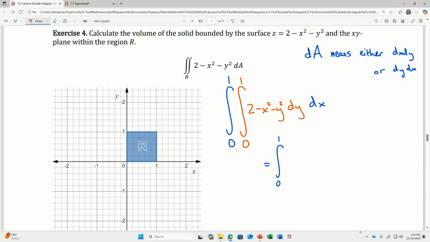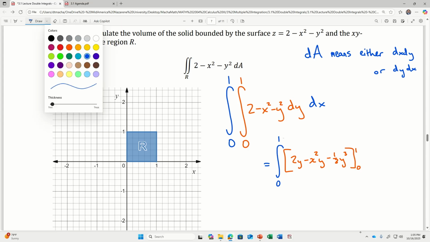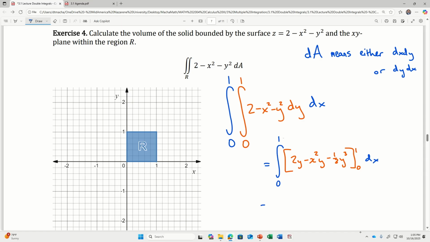And then we'll try to do this as quick as we can. So the antiderivative with respect to y is going to be 2y minus x squared y minus 1/3 y cubed. Plug in the 0, plug in the 1. And I don't really care about plugging in 0 for y, because that's going to zero everything out. What I do care about is what happens if I set y equal to 1.